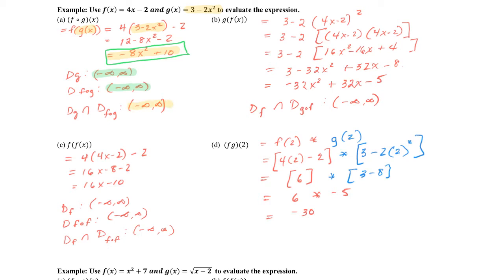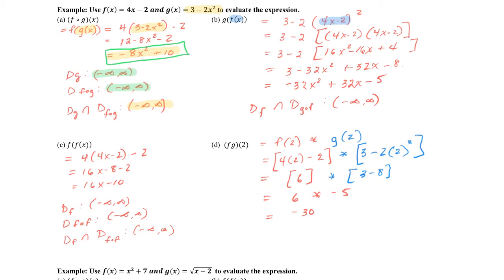For part B, we're looking at the composition of g composed with f of x. Now I'll start with my g function, and then everywhere there's an x value, I'm going to substitute f of x. So f of x will replace all of the x's. So 3 minus 2x squared, and in place of x, I'm going to replace with the f of x function, which is 4x minus 2.